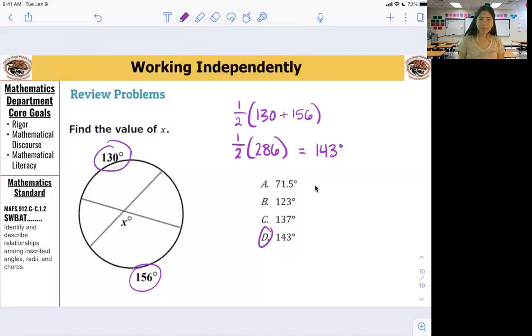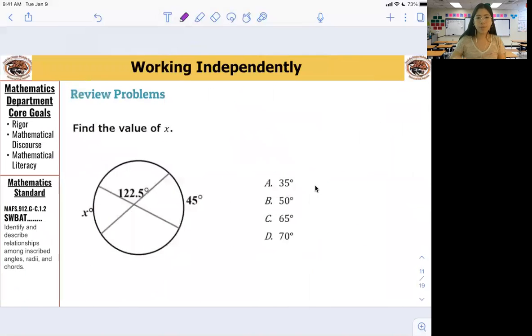Okay, cool. All right, so let's do another one, but we've done this one before. Let's see who remembers the trick you have to use first. Take another minute. Oh, I remember this.